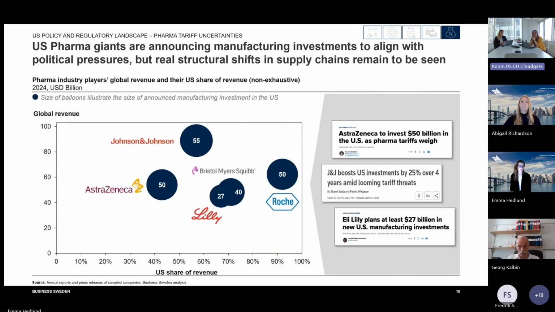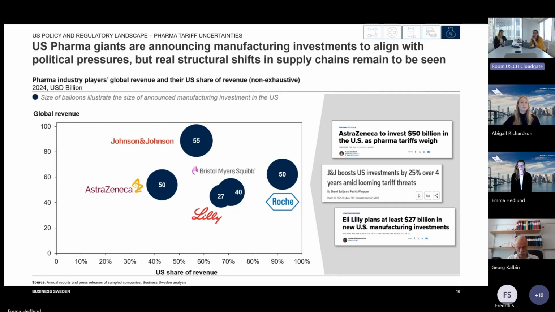So if we want to have a quick look at this, different companies have announced manufacturing investments, because that's also something, the reshoring goal that the administration has had, that Abigail mentioned earlier. Overall, we see these announcements from AstraZeneca, Johnson & Johnson.